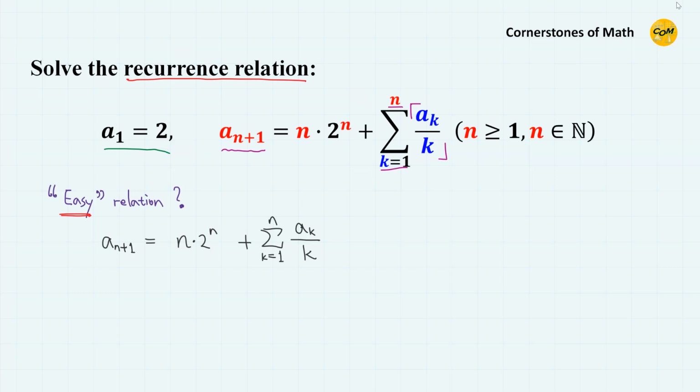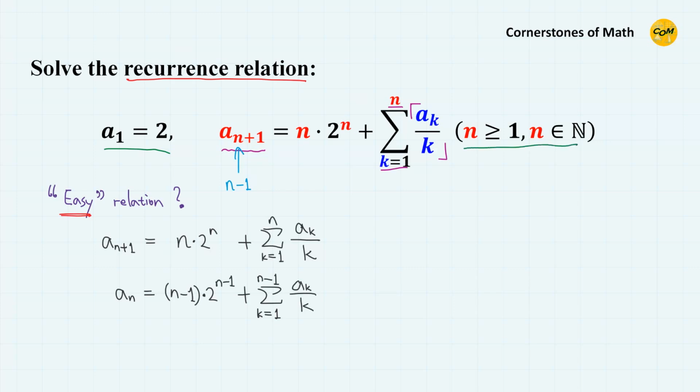First, consider this. Using the given expression for a(n+1), how can we express an, the nth term? Well, we can simply replace n with n minus 1 in the given recurrence relation. Then we obtain an equals (n minus 1) times 2 to the power of n minus 1 plus the sum of ak over k, where k is from 1 to n minus 1.